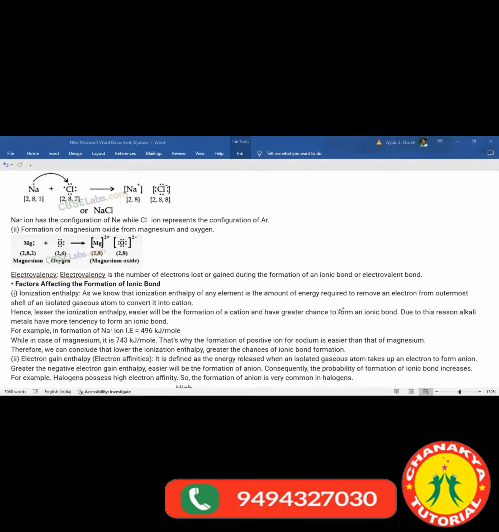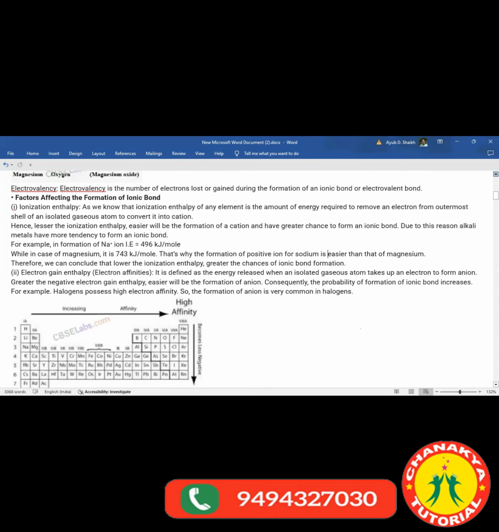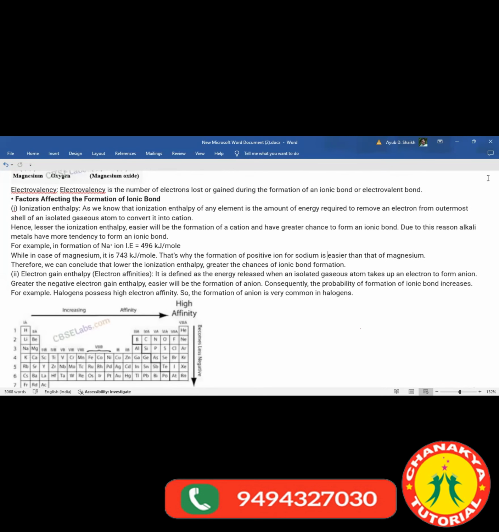What are the factors which affect the formation of ionic bonds, that we are going to see. Here are the factors which affect the formation of ionic bond.